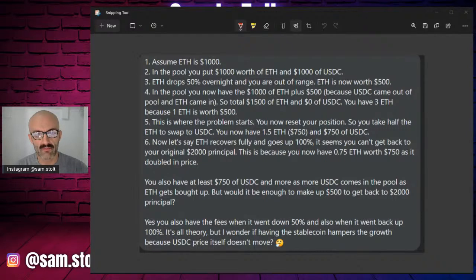But would it be enough to make up $500 to get back to the $2,000 worth of principal? Yes. You also have fees when it goes down 50%, and also when it went back up 100%. It's all in theory, but I wonder if having the stablecoin hampers the growth because USDC price itself doesn't move.